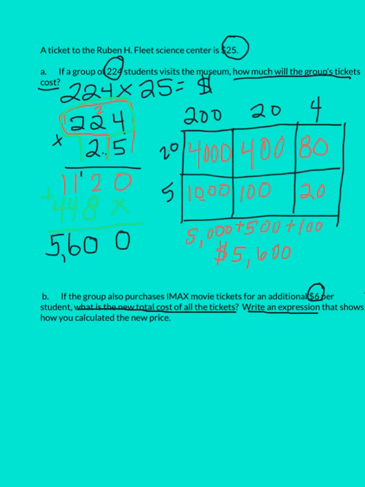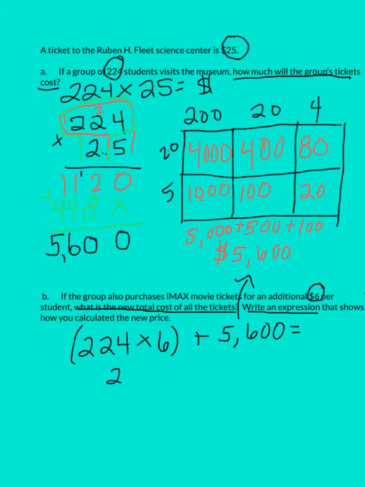So I'm thinking, okay, I know there's 224 students, and each of them is going to cost $6 to go to the IMAX. So if I multiply 224 times 6 first, and then I add that to 5,600, which is my earlier total from up here, then that expression, if I evaluate it, should give me the new amount for the tickets and for the movie tickets.